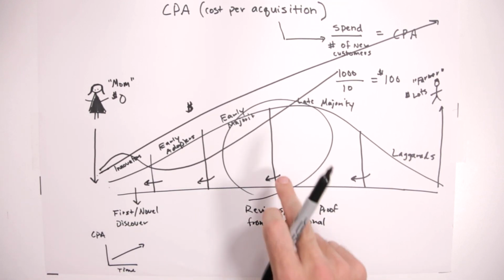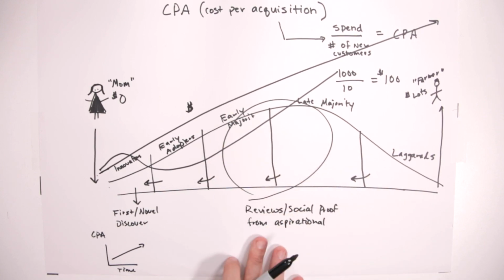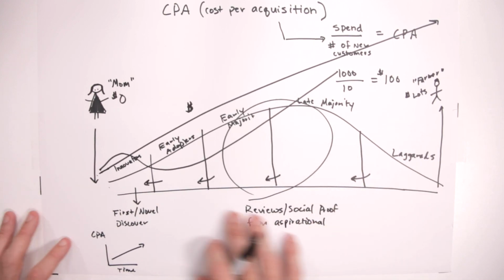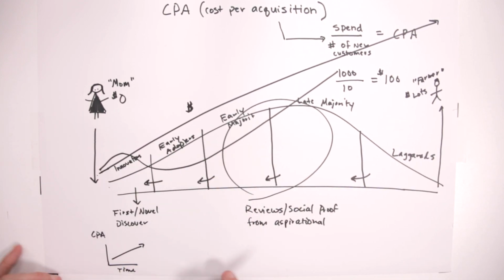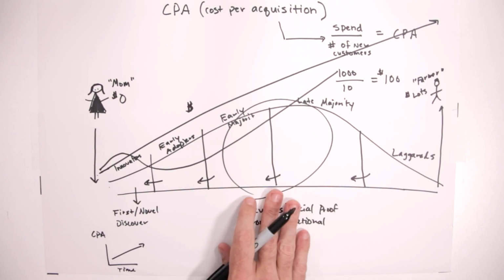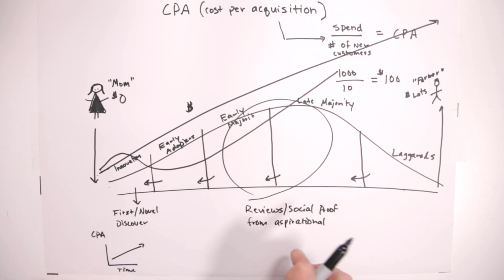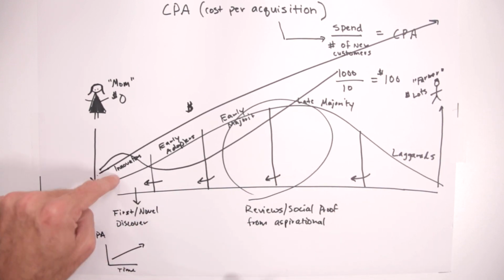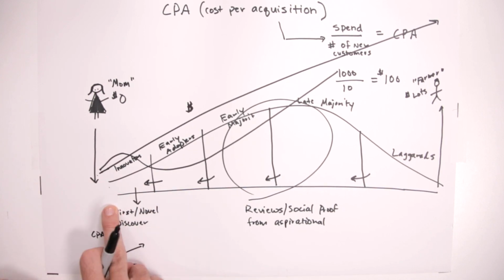So the reason these people are more expensive to acquire is because the assets that are necessary to get them include things like thousands of reviews, as well as high quality PR and influencers, and basically credibility that proves out their decision. These people make decisions primarily out of fear, out of a desire to fit in, to make sure they're not being taken advantage of, whereas these people are much more likely to do something and discover it first.